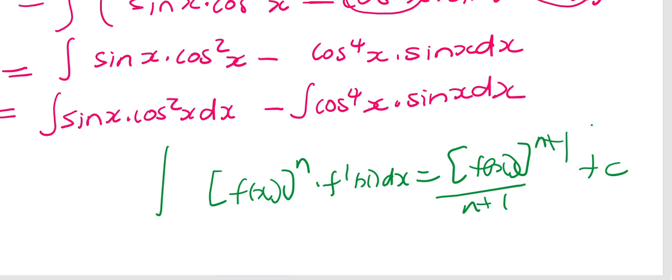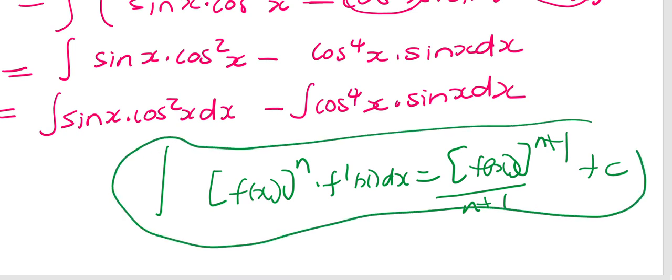So this formula, we've been using it a lot. If you look at all the examples for trigonometric integrals, we have been using it a lot, right? So you have to know it, especially when you're going to do trigonometric integrals.